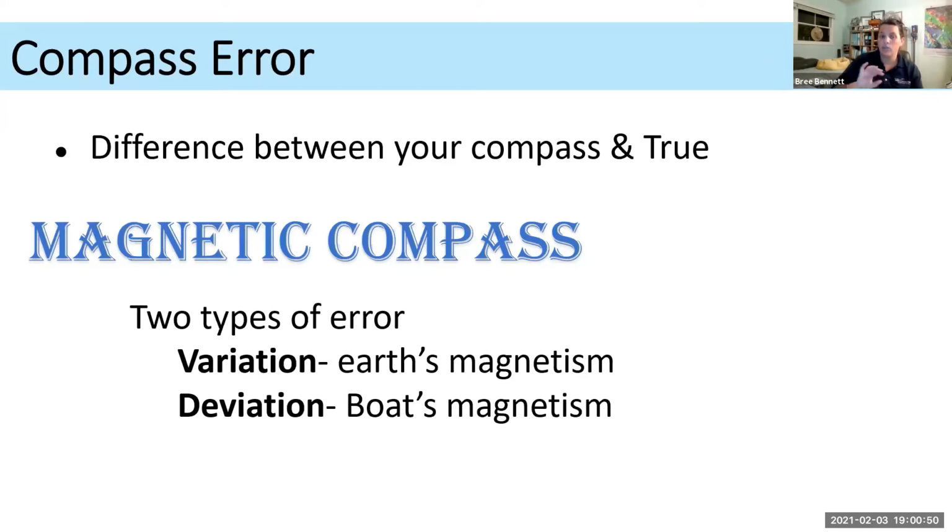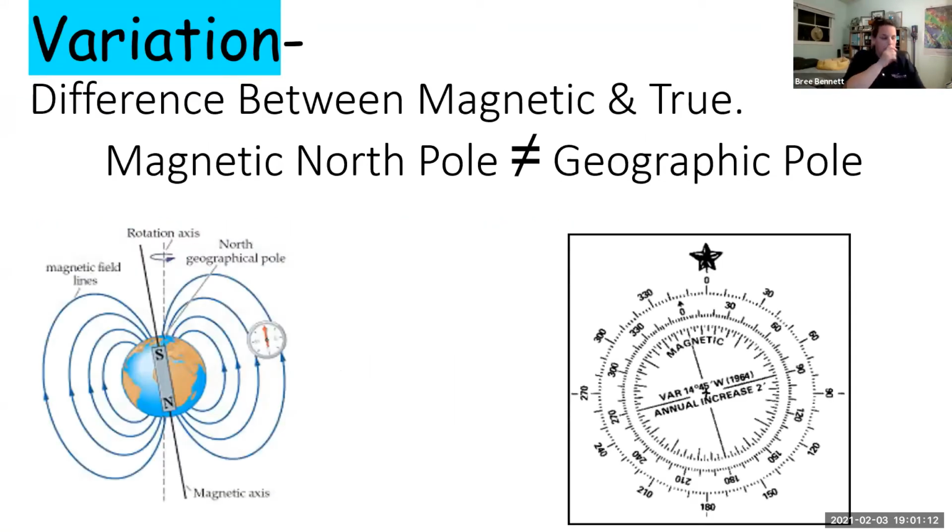Deviation is the error introduced by the boat's magnetism. So we have this magnetic field surrounding us on the Earth, and then we have this magnetic field that's specific to our boat or our vessel. So we have variation and deviation. We're going to look into variation right now.